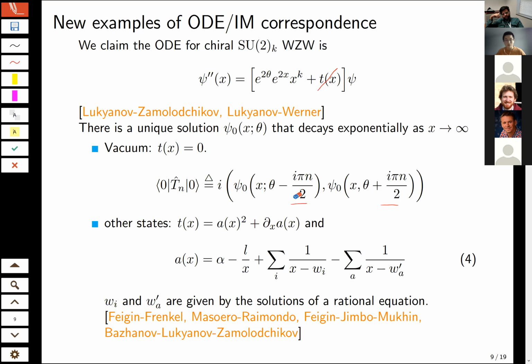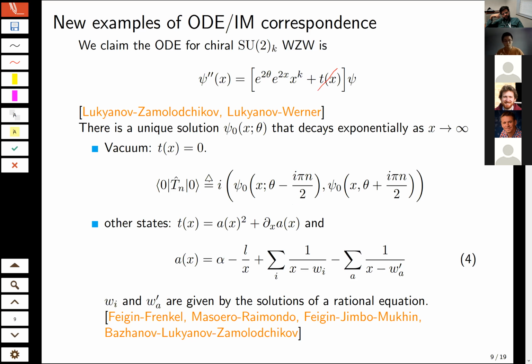Now you have two functions, and you calculate the Wronskian between them. The statement is that this Wronskian will match the expectation value of the Kondo defect. This equal sign is the claim.